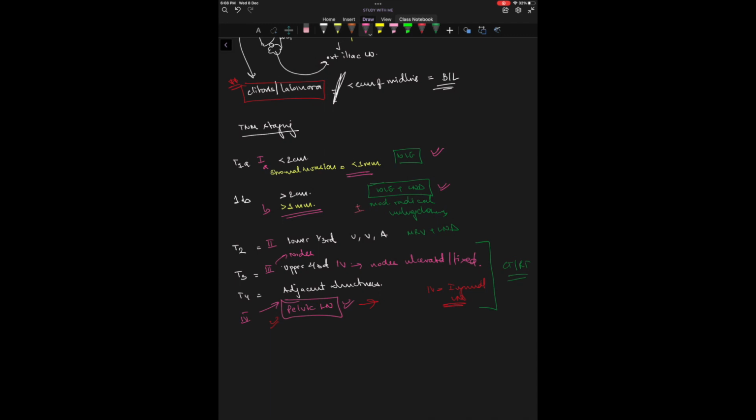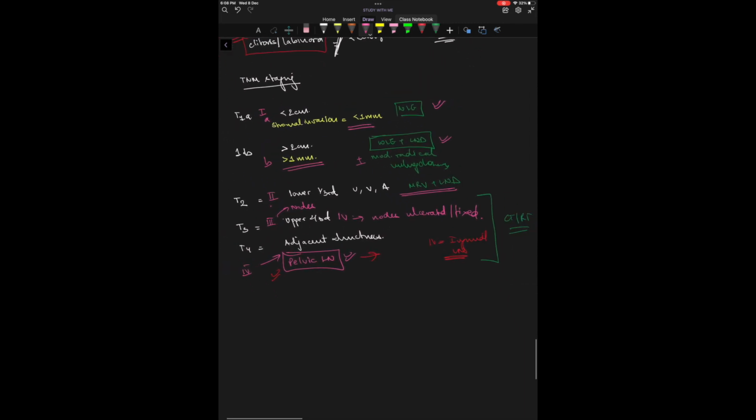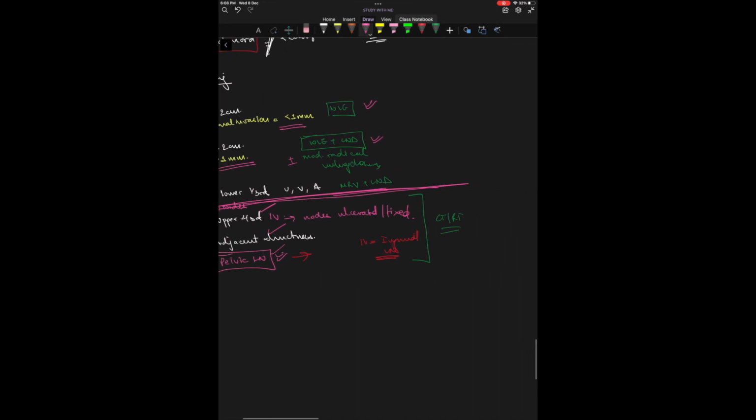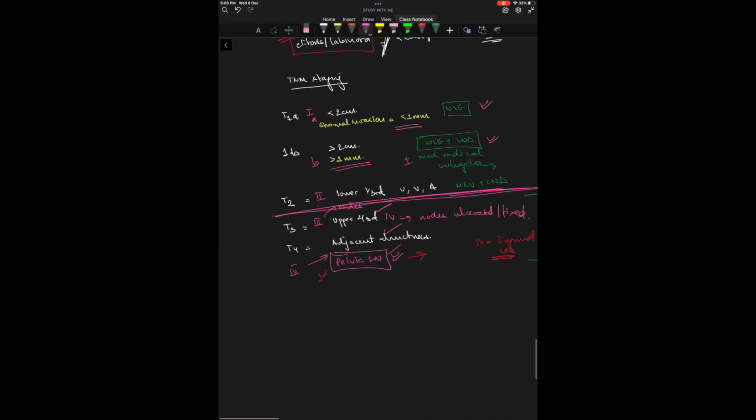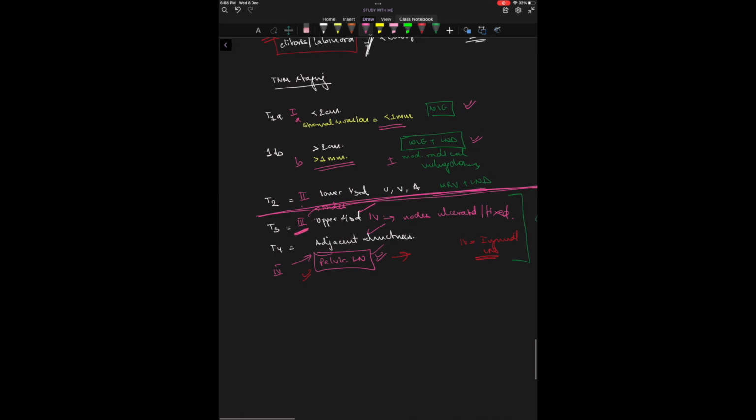Then stage 2 is lower 1/3 of the vagina, where modified radical vulvectomy needs to be done along with lymph node dissection. And if anything above that level is involved, like the upper 2/3 of the vagina, pelvic lymph nodes, other structures, then we will go for chemotherapy and radiotherapy. Also, if any nodes are involved, then also we'll go in for chemotherapy or radiotherapy.